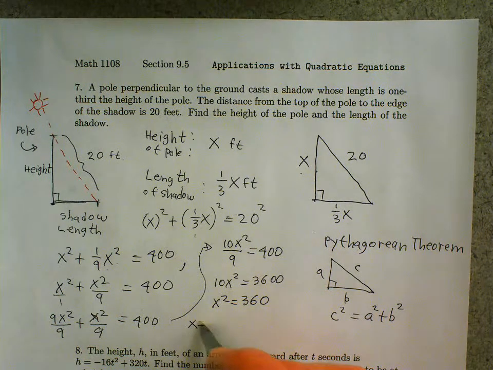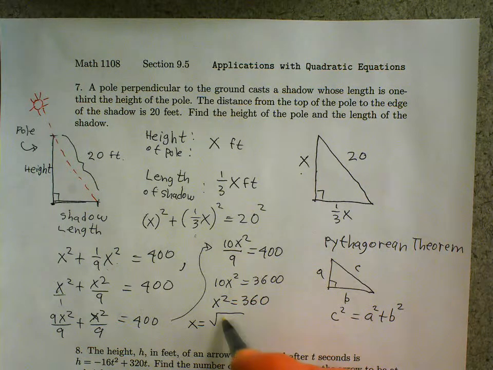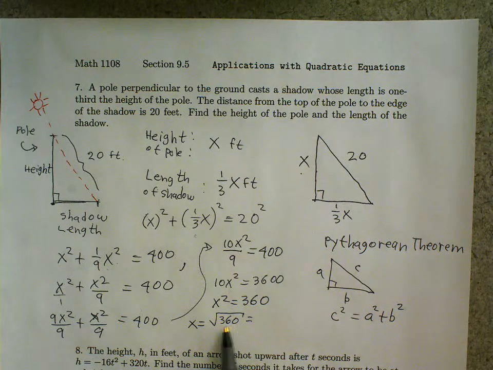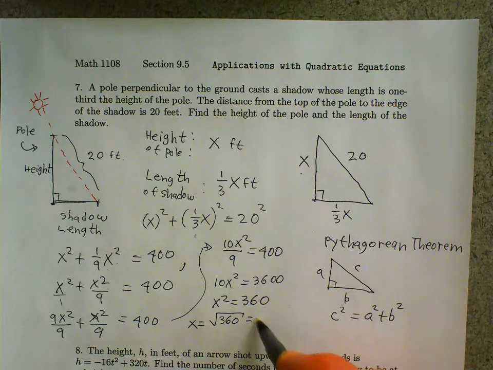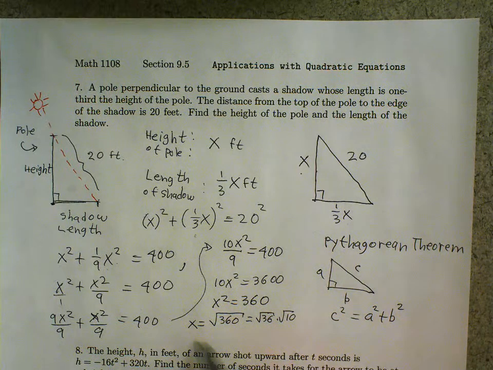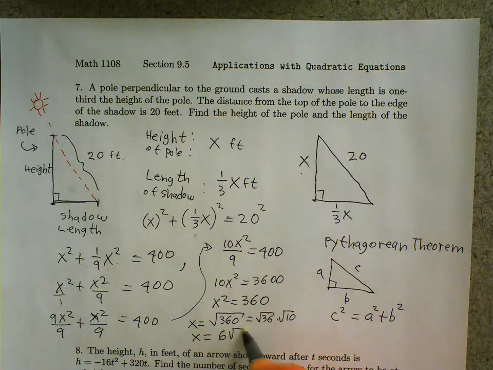X equals the positive square root of 360. The largest factor of 360 that's a perfect square is 36. 36 times 10 is 360. So this is the square root of 36 times the square root of 10. And finally, x is 6 times the square root of 10 feet.